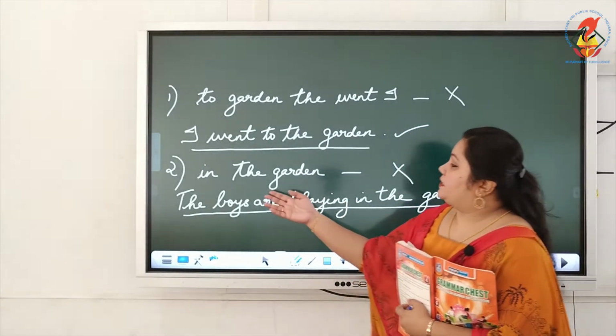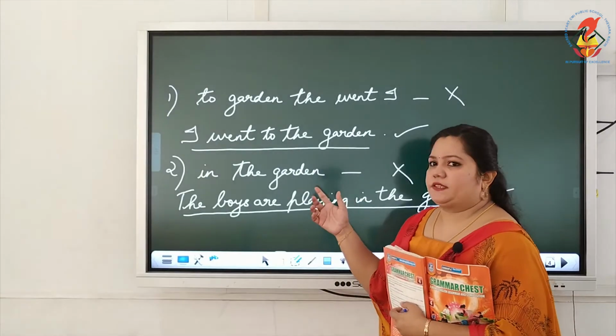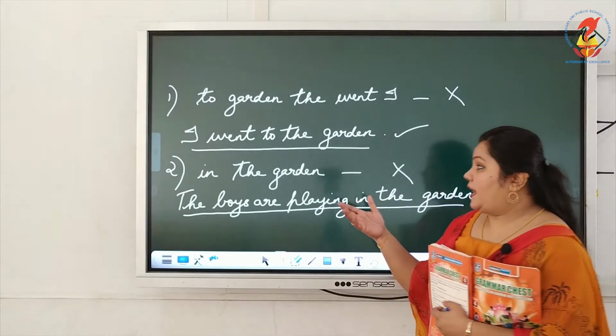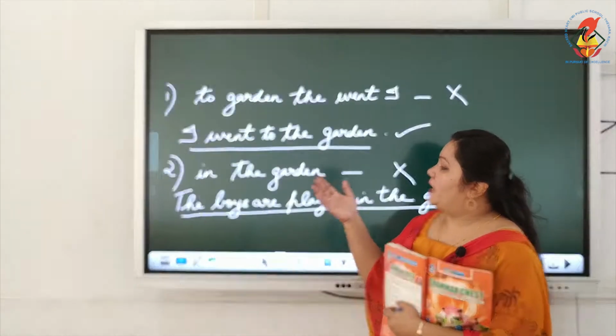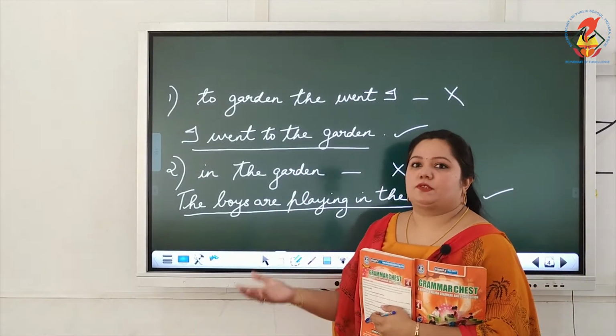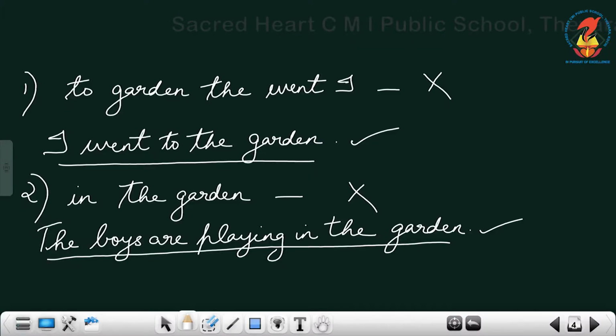Okay, now look at this. In the garden. Now this makes sense, but it's not complete. It's just half, right? It can be said it's a phrase. In the garden is mentioned, but nothing else is said about what is happening in the garden. When we add words like, the boys are playing in the garden, then it makes complete sense. It is a complete sentence.